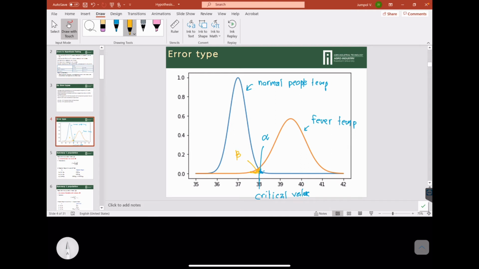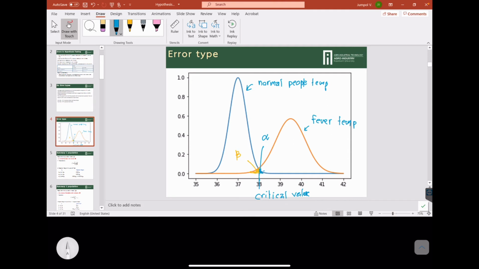And now we want to calculate. Alpha is the probability that we will reject the null hypothesis, right?